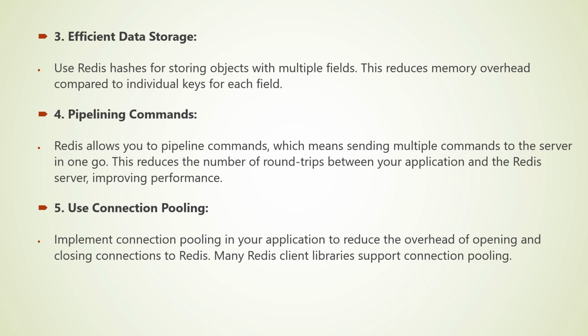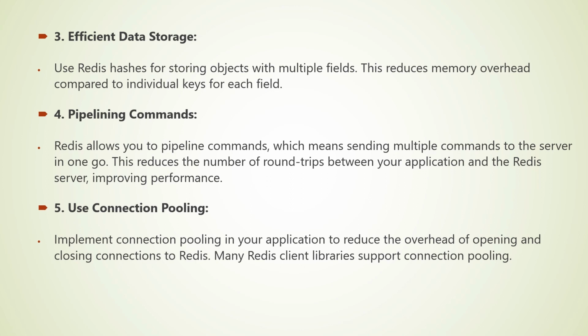Use Redis hashes for storing objects with multiple fields. This reduces memory overhead compared to individual keys for each field. Pipelining commands. Redis allows you to pipeline commands, which means sending multiple commands to the server in one go. This reduces the number of round trips between your application and the Redis server, improving performance.